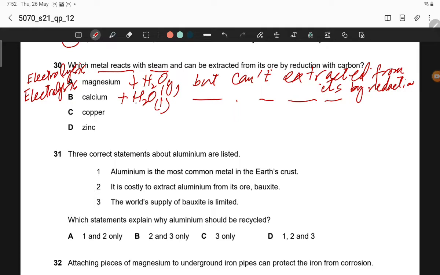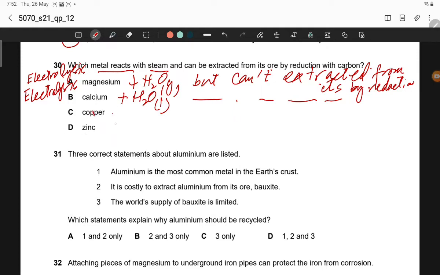Copper cannot react with steam but can be extracted from its ore by reduction with carbon.